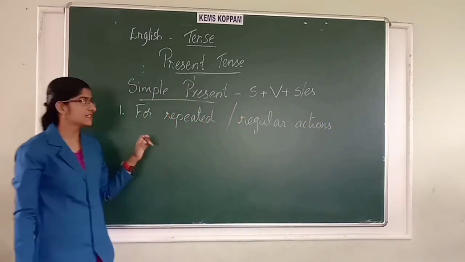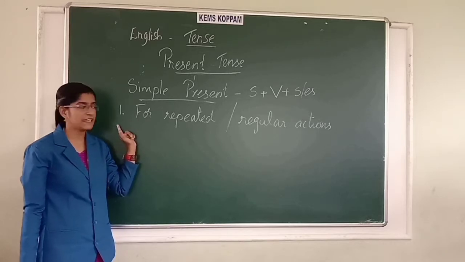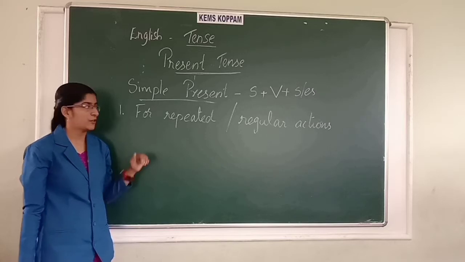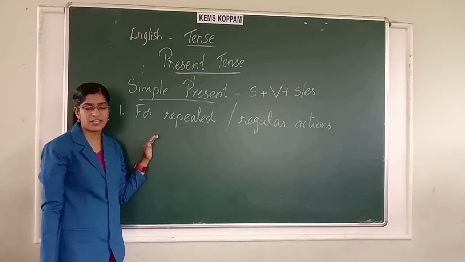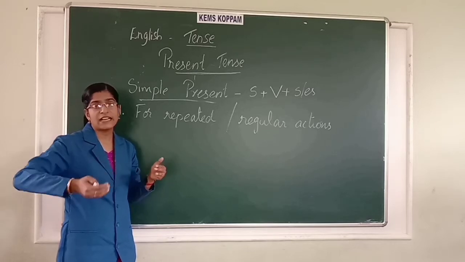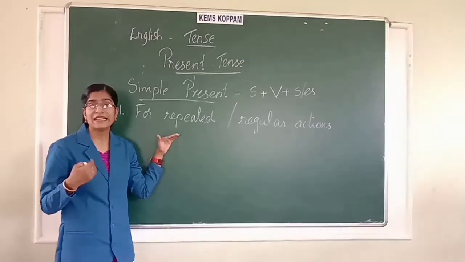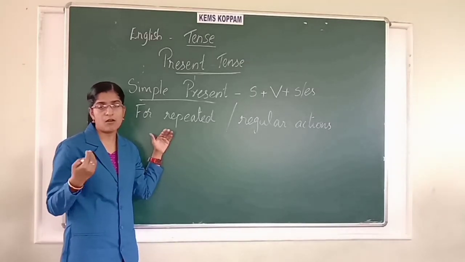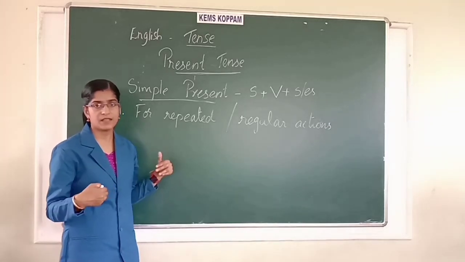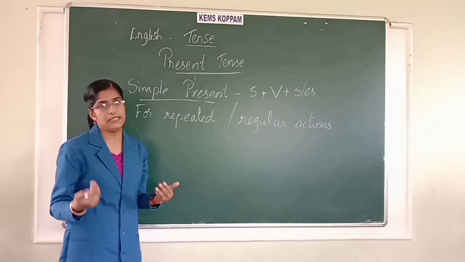So the first use of simple present is for repeated or regular actions. What do you mean by repeated or regular actions? The actions that we repeat at a regular interval of time, or the actions that we do daily, every day, always, once in a week, once in a year. The actions that we are repeating regularly.